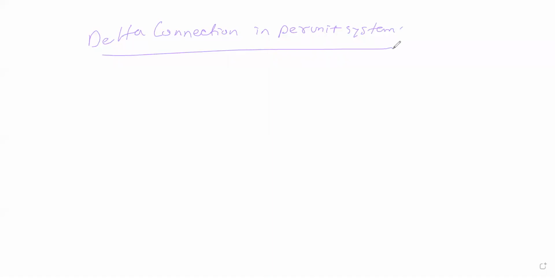Then we'll go with the subsections. Okay, so let's start. This is your delta connection in per unit system. This is what we are going to see.